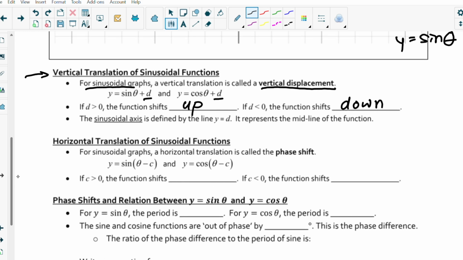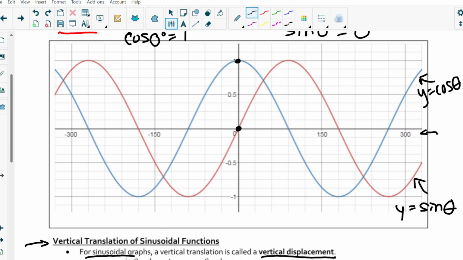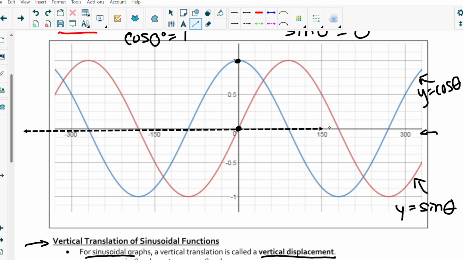So in this case, what is our sinusoidal axis? Let's draw that in. Here's our sinusoidal axis, folks. Let me draw that a little bit better, in green.